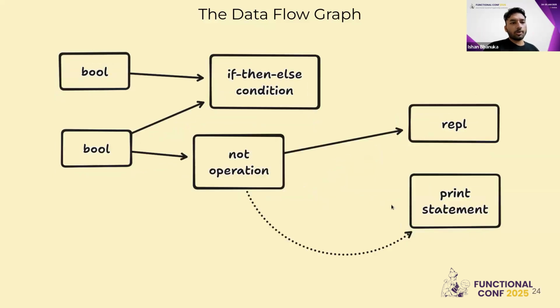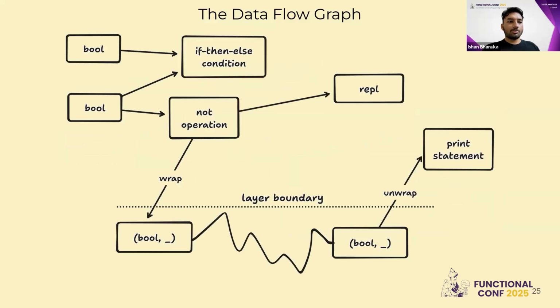But there's something more going on. Some places a boolean does not directly get applied to the print statement. You saw it in many places where a particular value got wrapped up into a larger type. So we'll call these constructor types because they take a type and construct themselves. They are not complete without another type. A tuple needs two types to be fully constructed.